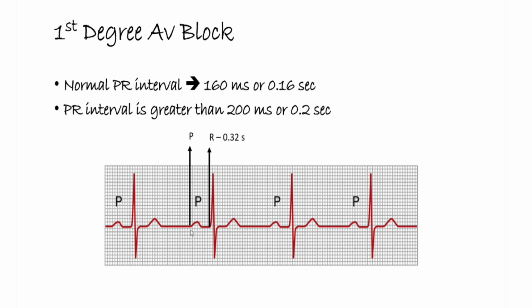So how many small boxes are present? 1, 2, 3, then 4, then 5, then 6, then 7, then 8. So one small box I told you is 0.04 second or 40 milliseconds. So we have 0.04 into 8, which is 0.32 seconds, or I can say 320 milliseconds, which does exceed the 200 millisecond mark. So this is known as the first degree AV block.